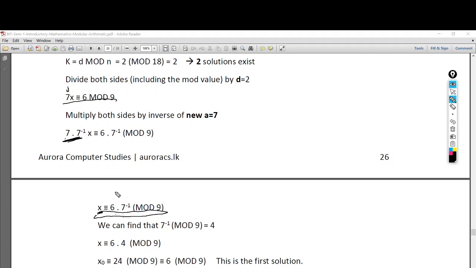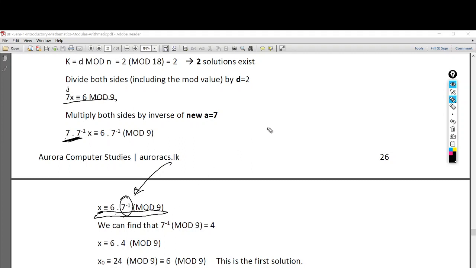Now in order to get the answer, you have to find 7 inverse in mod 9. That is why we studied how to find the inverse value, either using Fermat's little theorem or using the GCD approach. Of course here you can't use Fermat's little theorem because 9 is not a prime number.